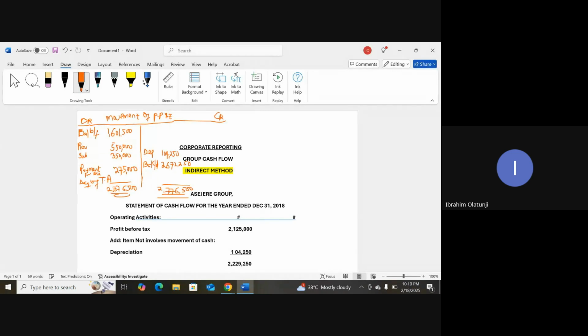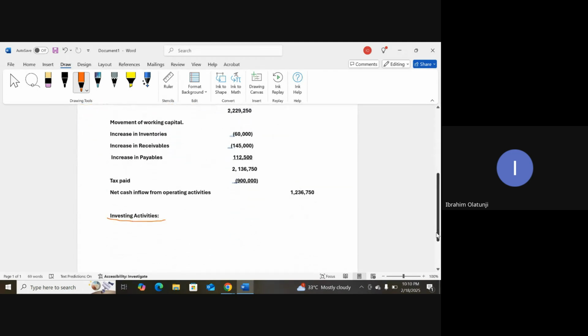So this payment for tangible asset is what you will now take to your cash flow under your investing activities.